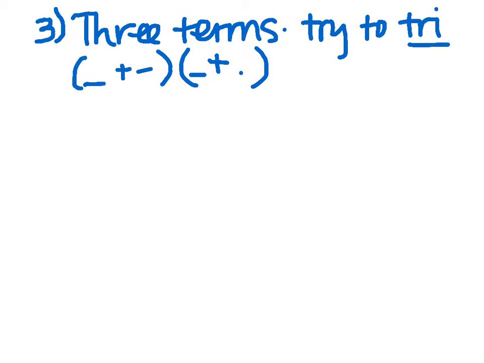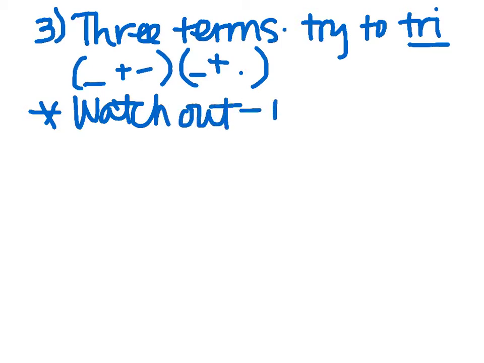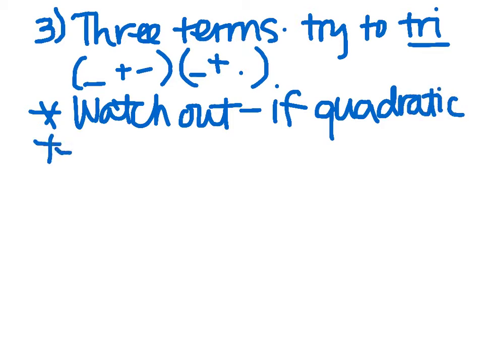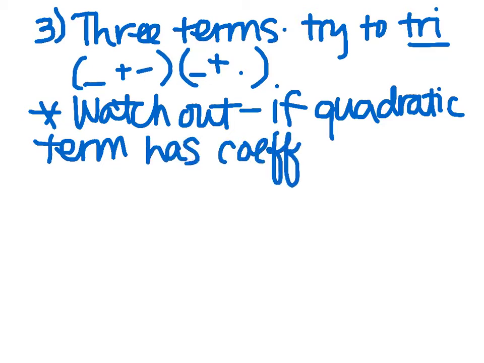However, this is a place to be very careful. Watch out. If the quadratic term, and I hope you know what that means, has a coefficient other than 1, you must guess and check.